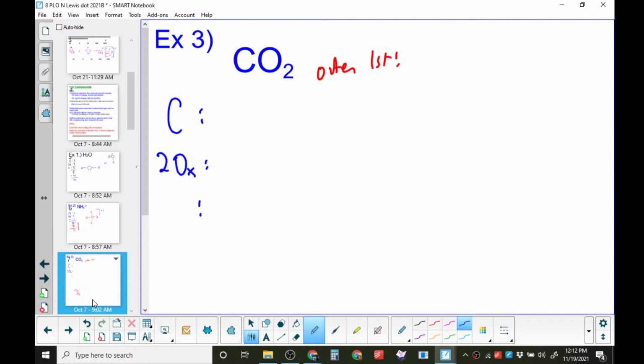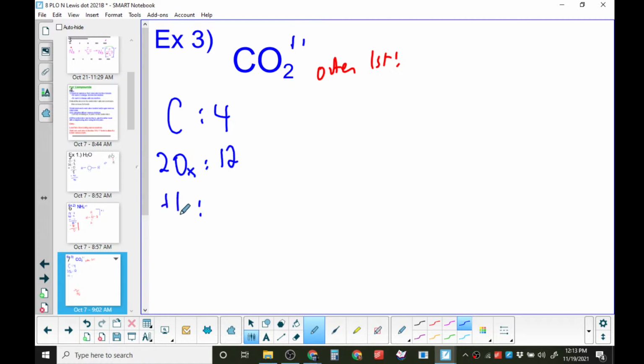How many valence electrons does carbon have? Four. And then 2 oxygens. Valence electrons and 2 oxygens. 12. Now, this area is for the charge.